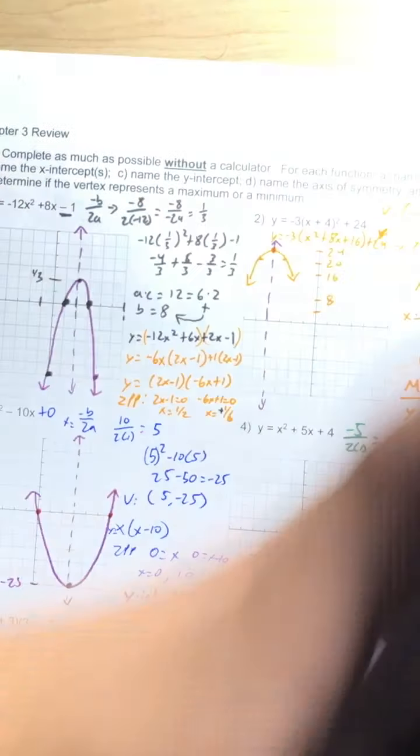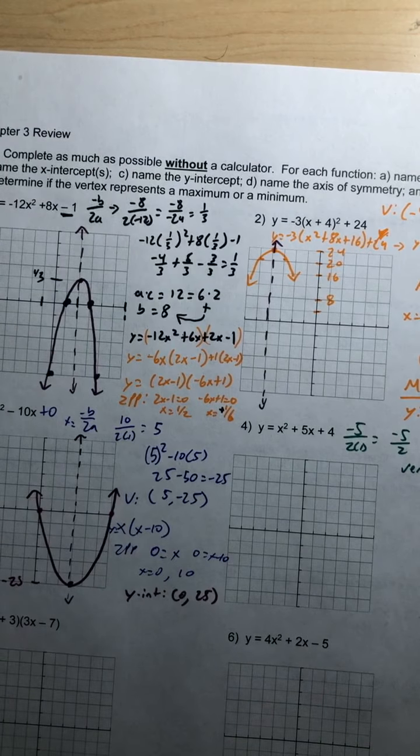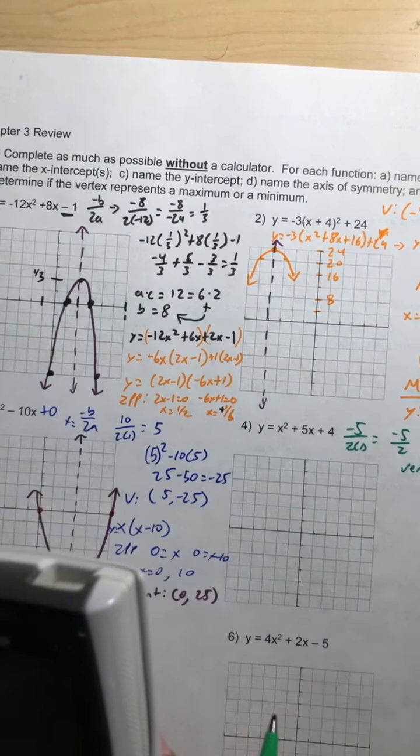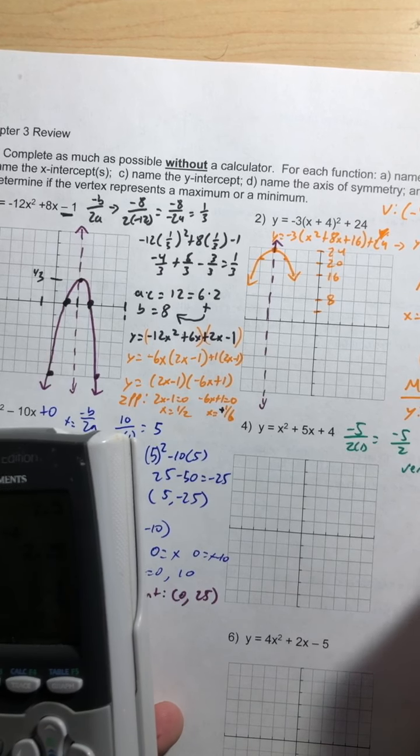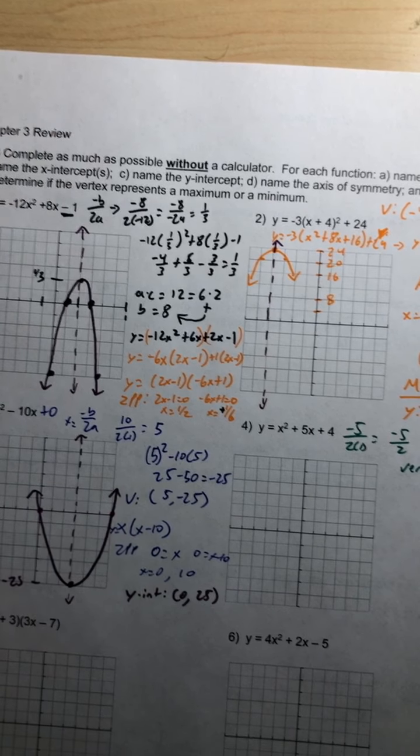So negative 5 squared, I'm going to use my calculator for this. So I got my vertex is that.